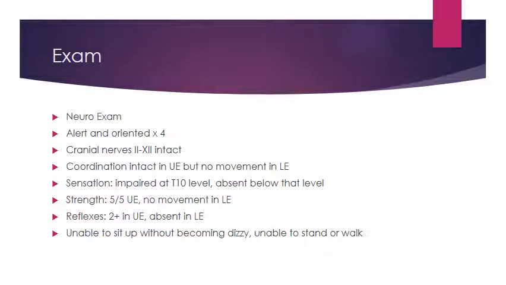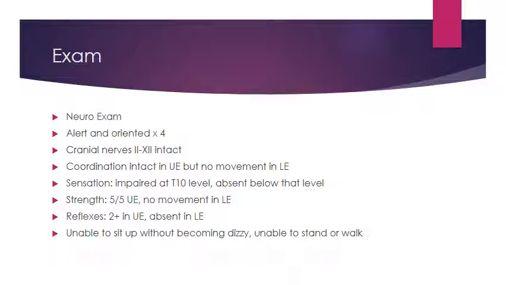So on exam, he is alert and oriented, cranial nerves are intact, upper extremities intact with coordination, sensation, and strength. When we check his dermatomes, he has sensation that's intact to light touch and pinprick up to T10, but absent at T10 and below.